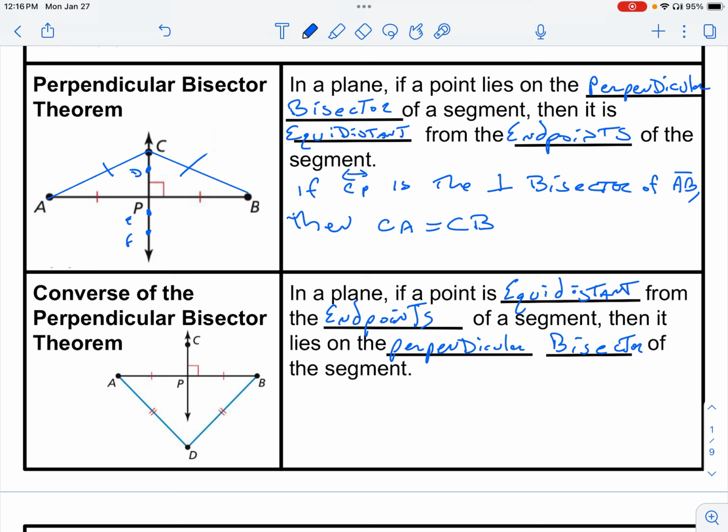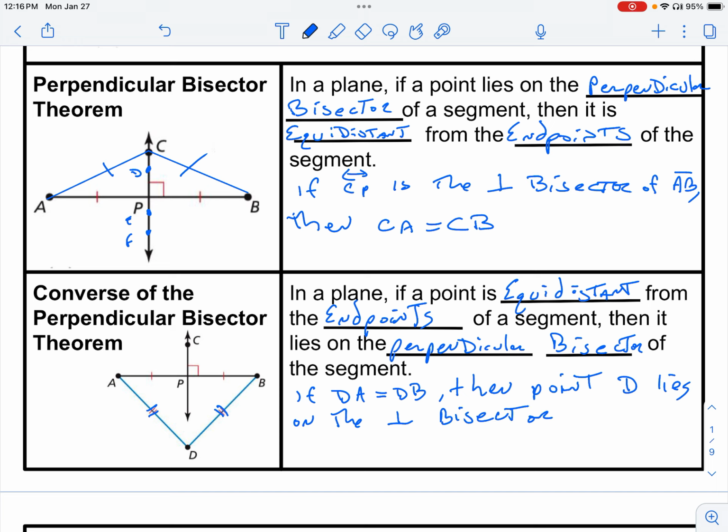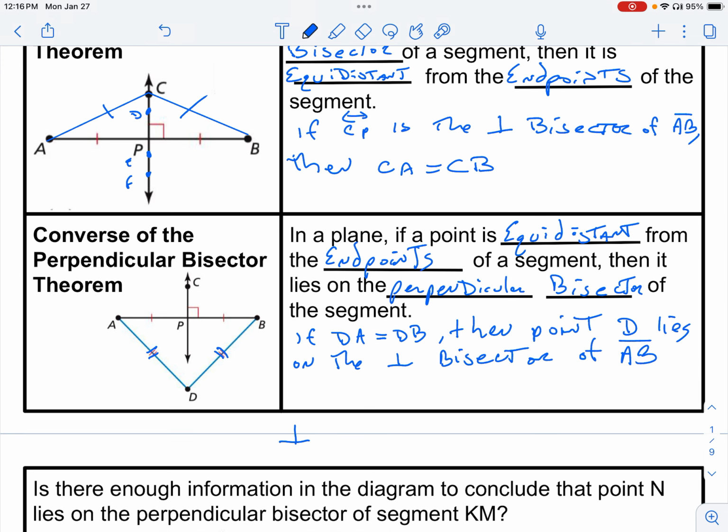So talking about it in relation to our figure, if DA equals DB, which is this right here, then point D lies on the perpendicular bisector of AB, and we all remember that this symbol means perpendicular.